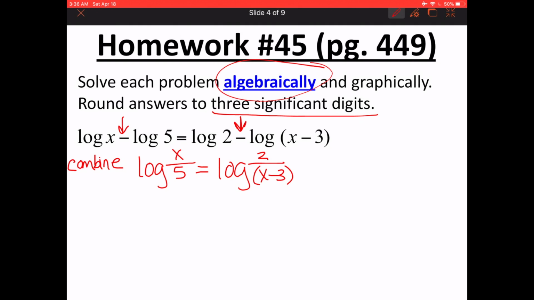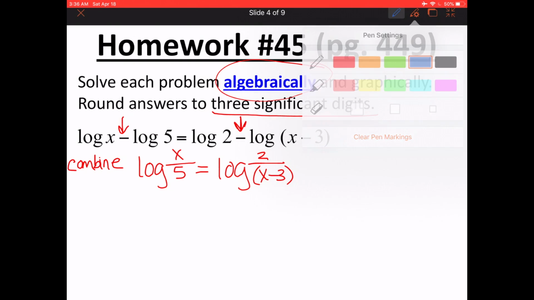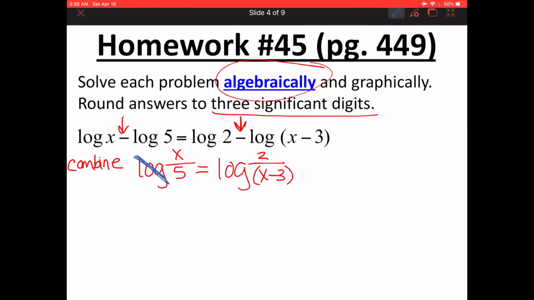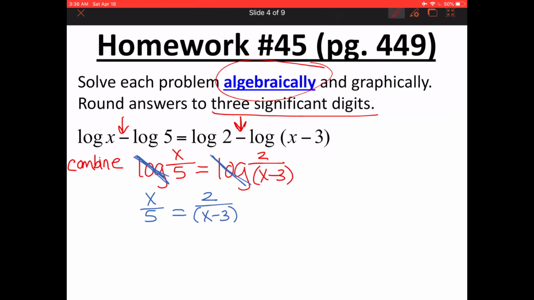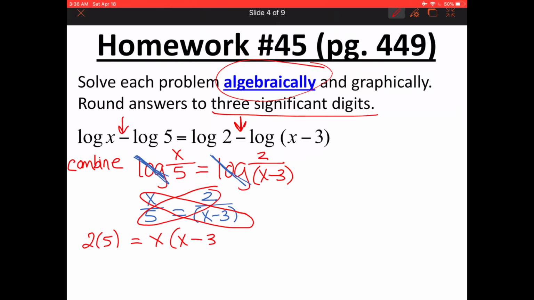Okay? Now that we have done that, we have log on both sides, so I can just cancel these out. So now I have x over 5 equals 2 over x minus 3. Now when we have two proportions like this, remember we can just cross multiply. So I'm going to have 2 times 5 equals x times x minus 3.